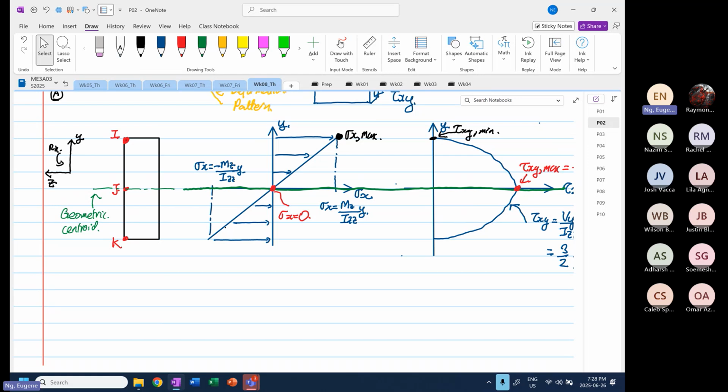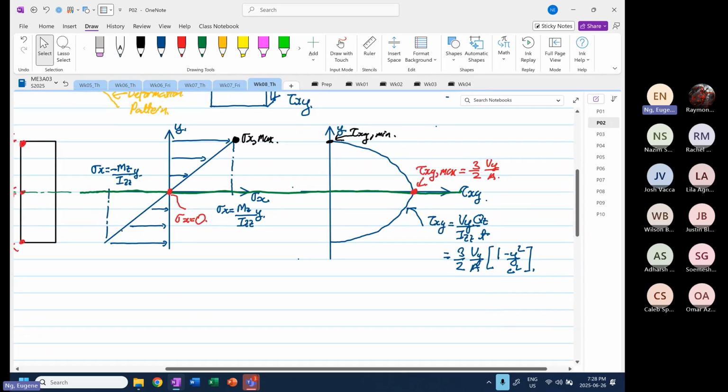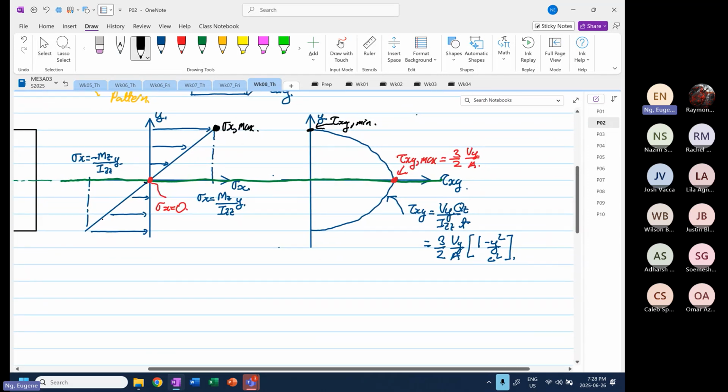Later on, when we look at normal stress and shearing stress together, we will worry about where the point of interest is, because it is not at the centroid. At the centroid, normal stress is equal to 0 and shearing stress is at its maximum.